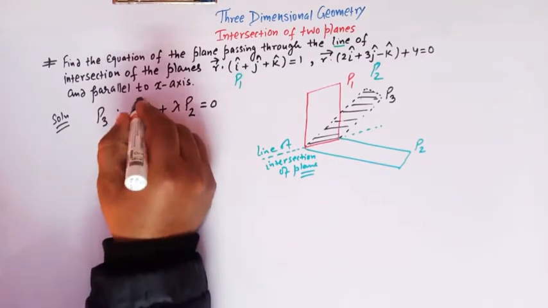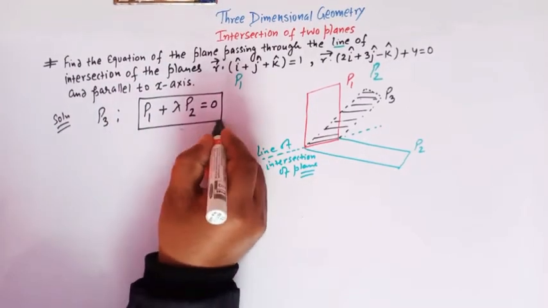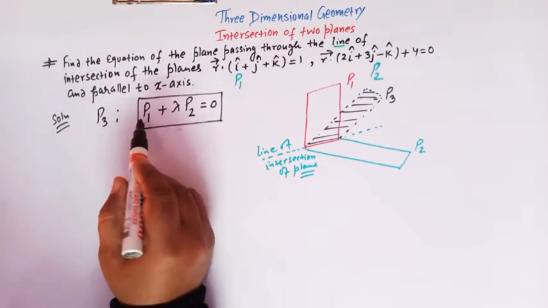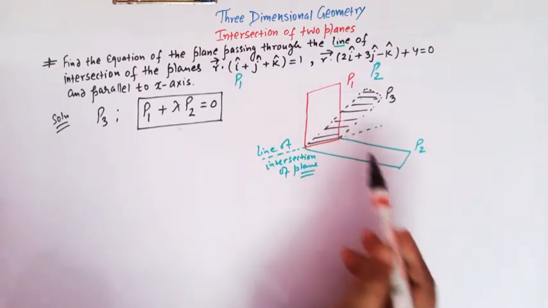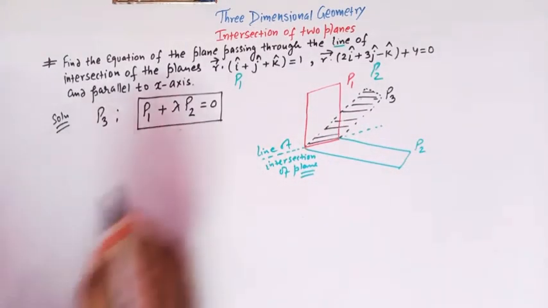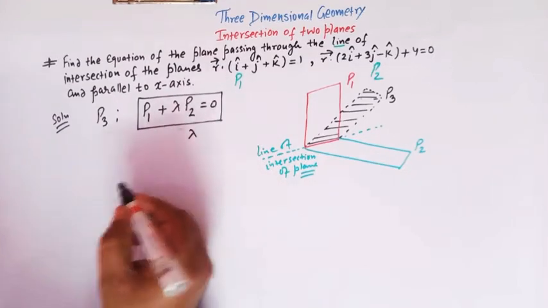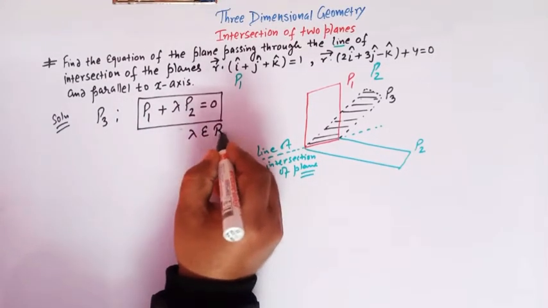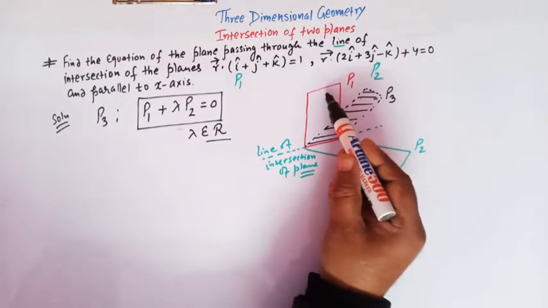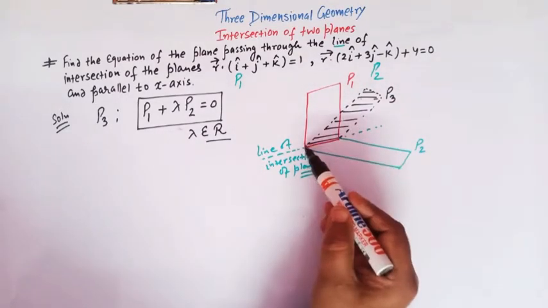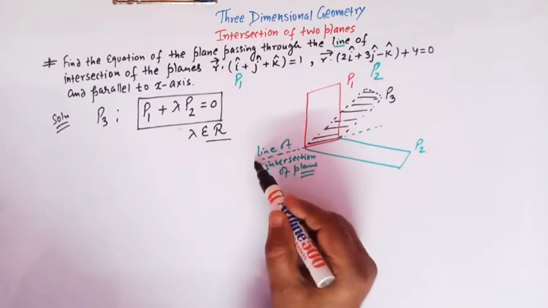So this is the equation of the plane which passes through the line of intersection of these two planes P1 and P2, where lambda is some scalar, or we can say it is a real number.